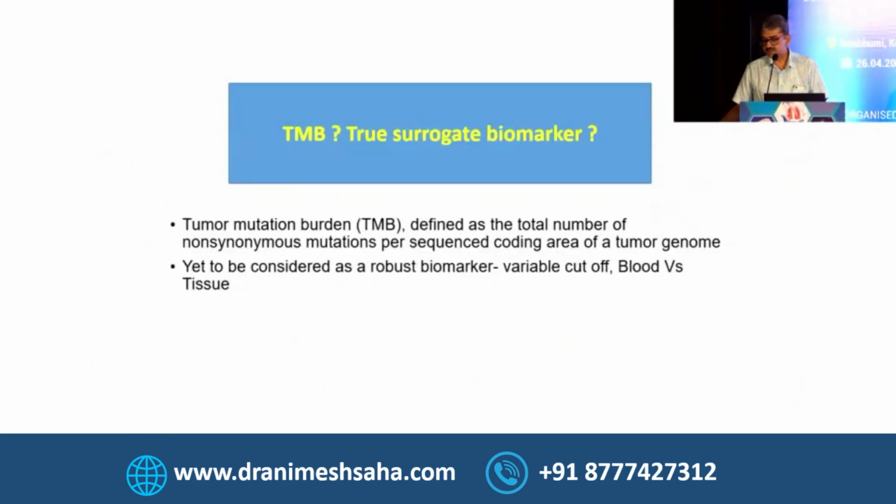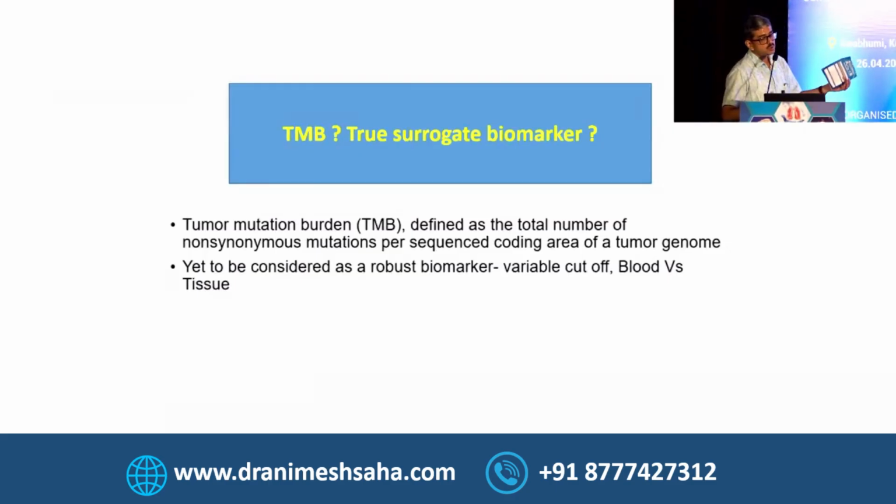Another is tumor mutational burden. So what is tumor mutational burden? It is defined as the total number of non-synonymous mutations per sequenced coding area in a tumor genome. It is yet to be considered a robust biomarker, with variable cutoffs in the literature, and blood versus tissue.